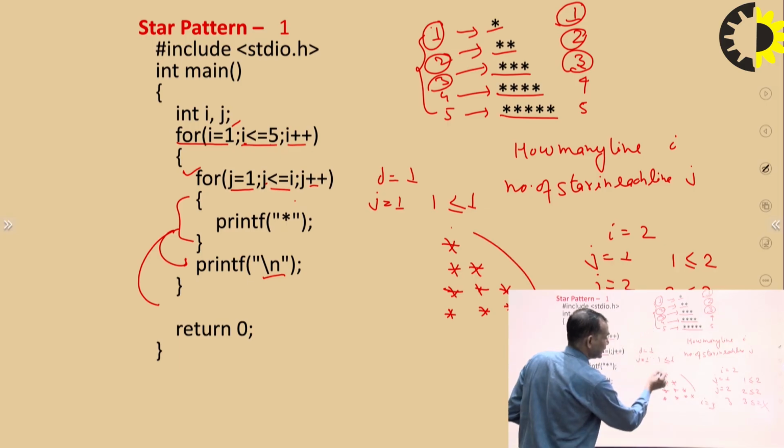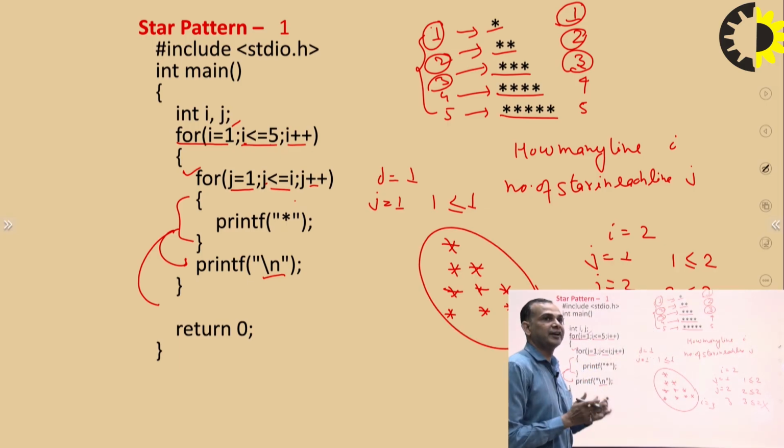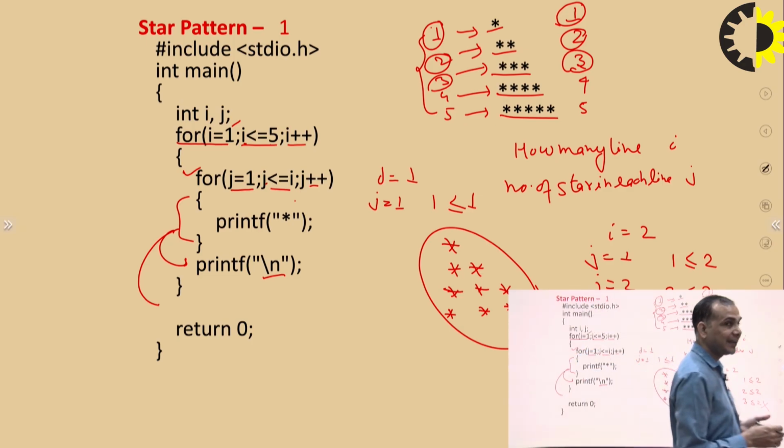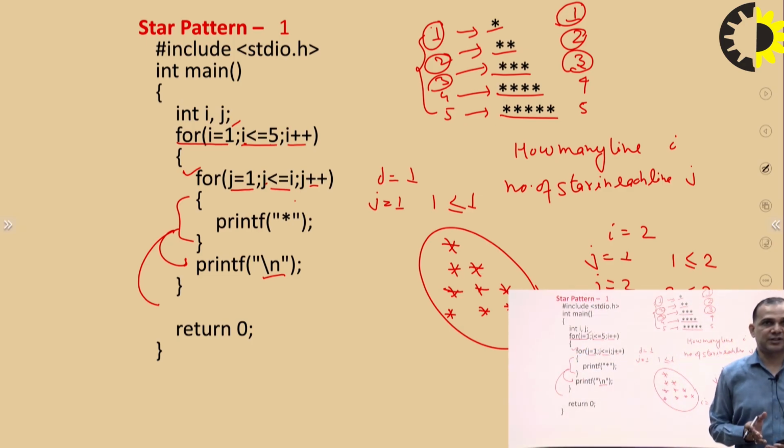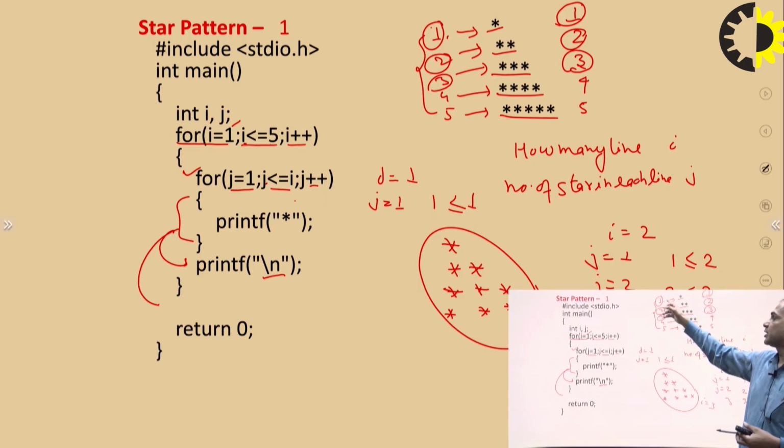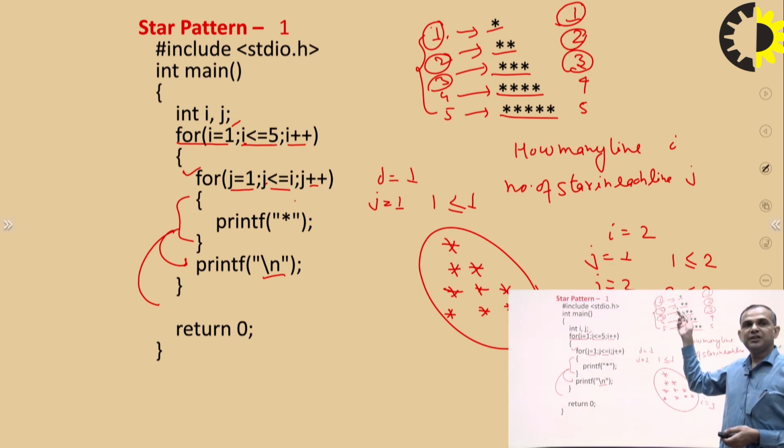So in this pattern printing, we have to find out the logic: in the first line, how many stars do we use? If line equal to 1, number of stars is 1. If line equal to 2, number of stars is 2. If line equal to 3, number of stars is 3 and so on.